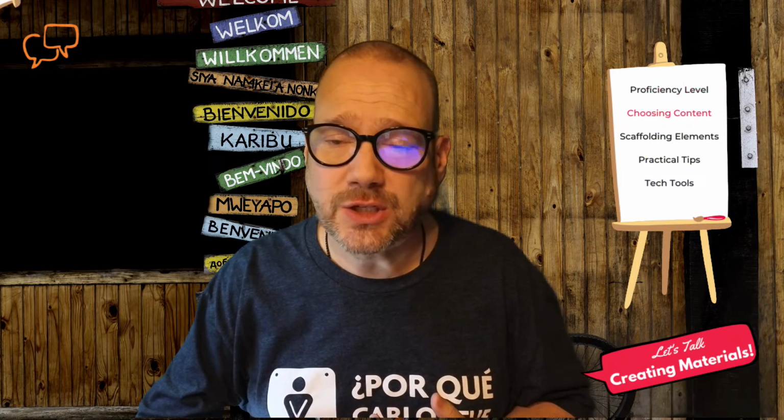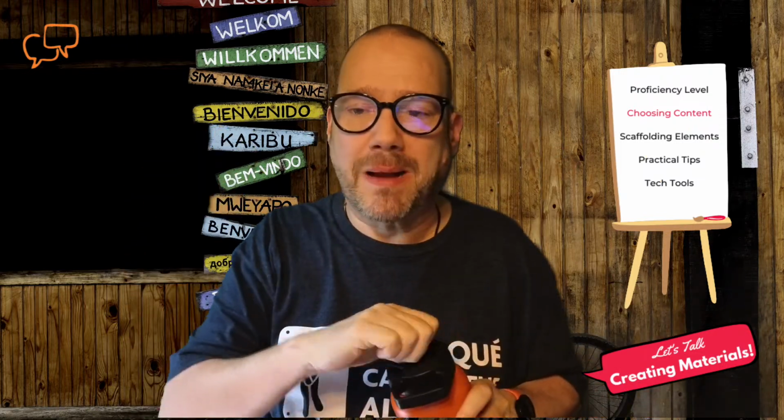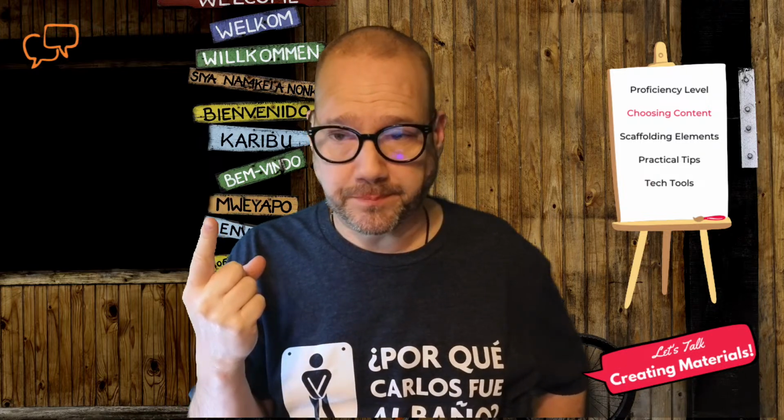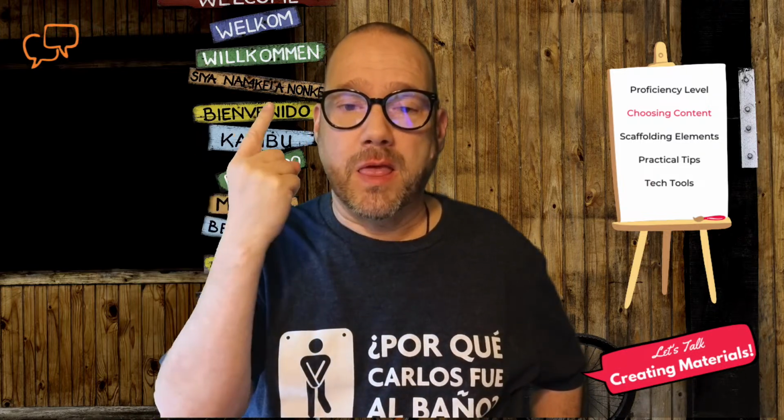So what I do is I have my basic meat and potatoes of my lesson. My meat and potatoes are my targeted vocabulary, which I use the Sweet 16 from Mike Peto. Then I have my conversations.